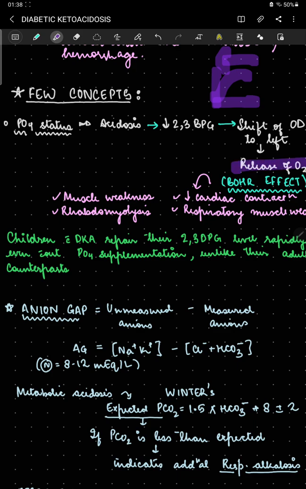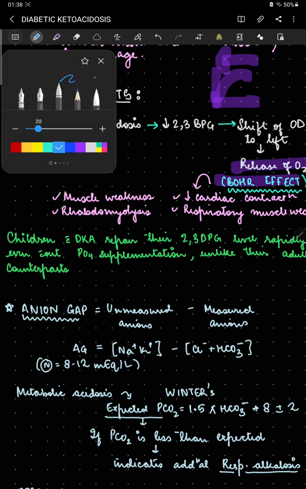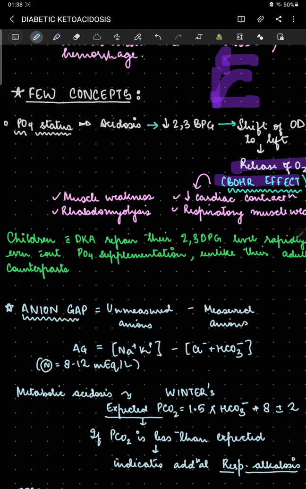That is also known as the Bohr effect, right? Due to this, the end organs, the tissues won't get enough oxygen, and that will lead to muscle weakness, rhabdomyolysis, decrease in cardiac contraction, and decrease in respiratory muscle work, right?